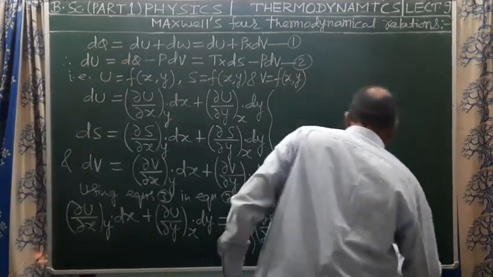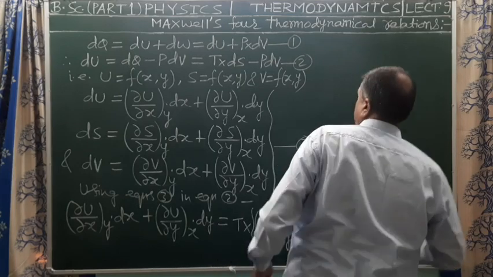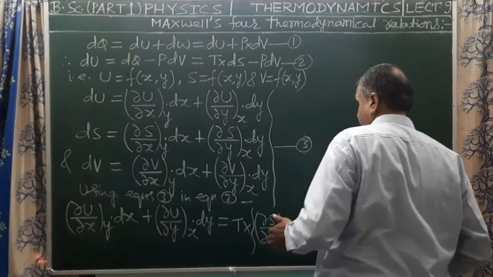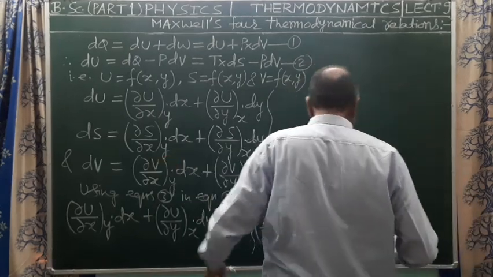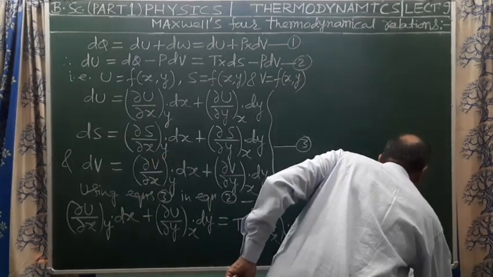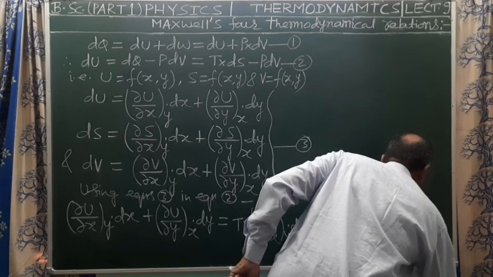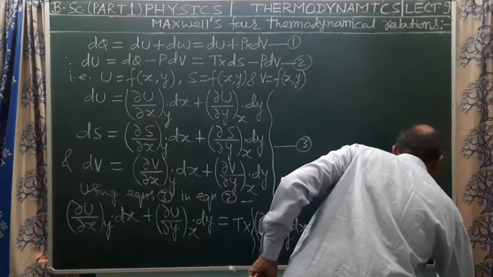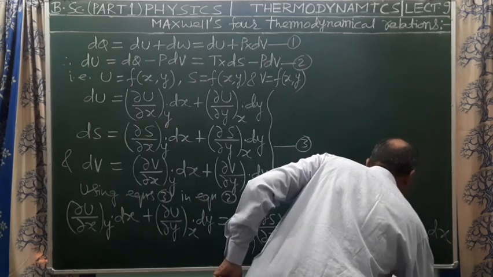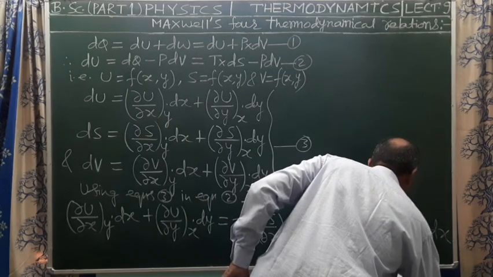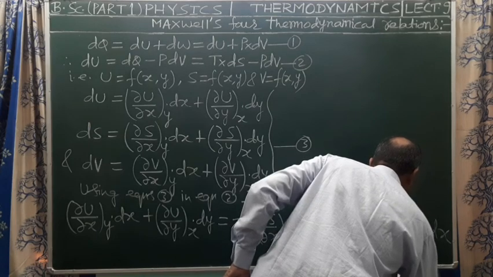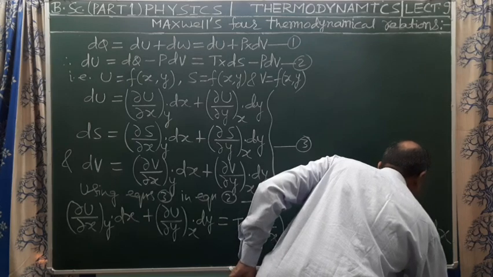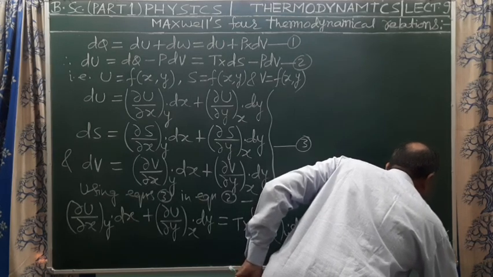So the second term in the RHS is now minus p, and substituting for dv, we can use the bracket: del v upon del x at constant y into dx, and the second term inside the bracket is plus del v upon del y at constant x multiplied by dy.